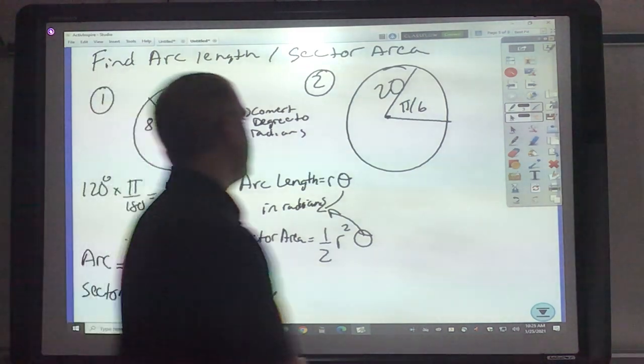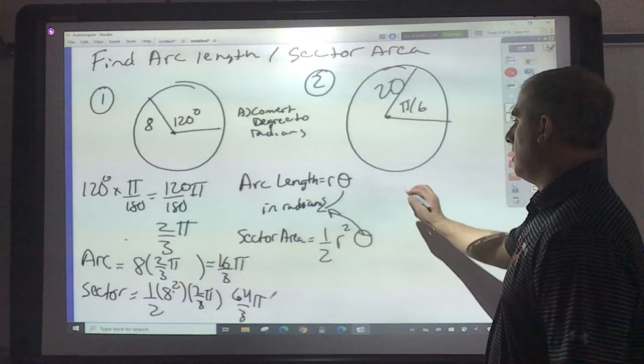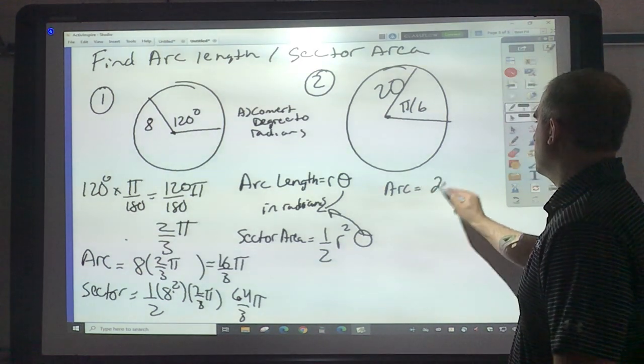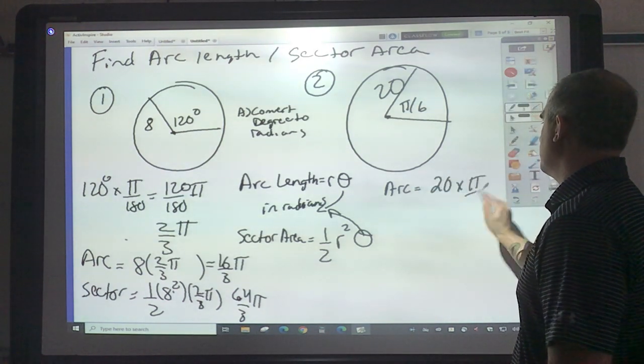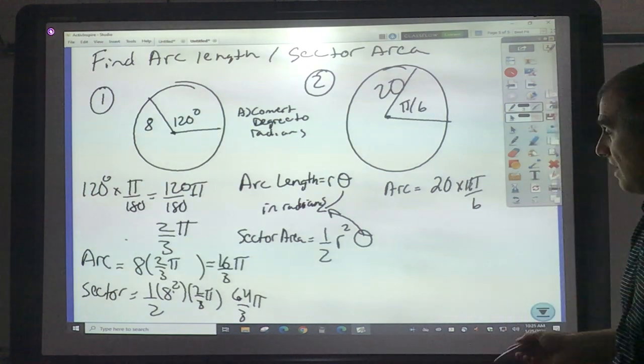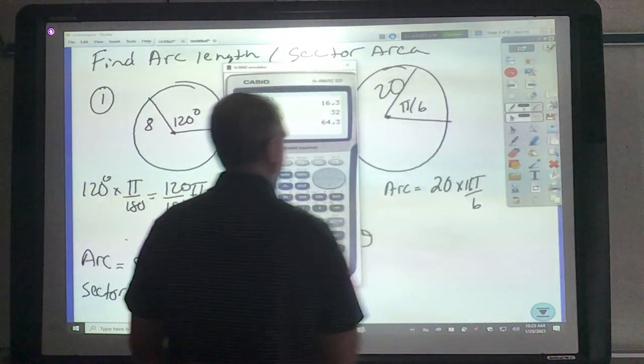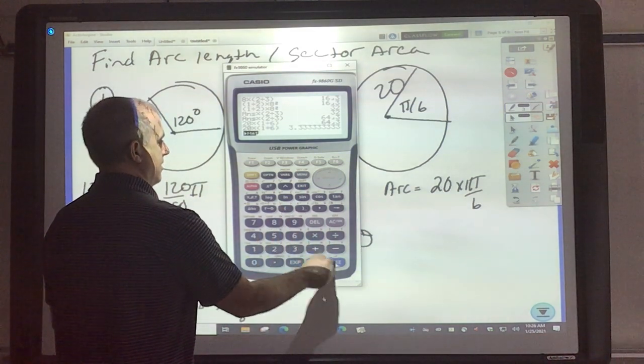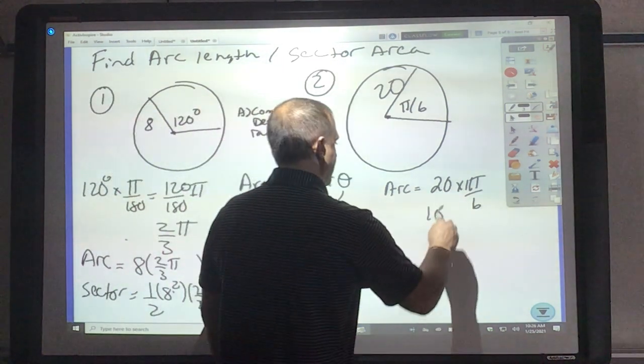Now this next one is pretty easy on us. Our arc length would be 20 times pi over 6, or 1/6 if you want to think of it that way. So 20 times 1/6 will be 10/3 pi.